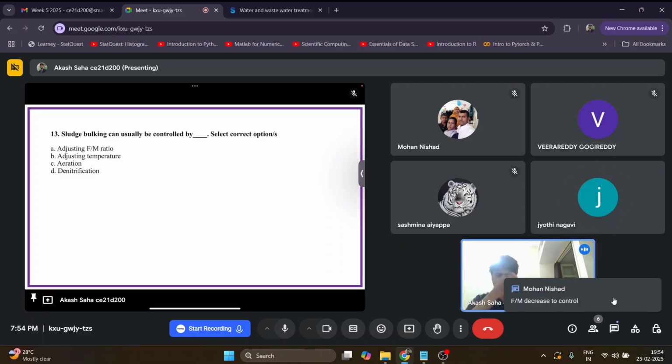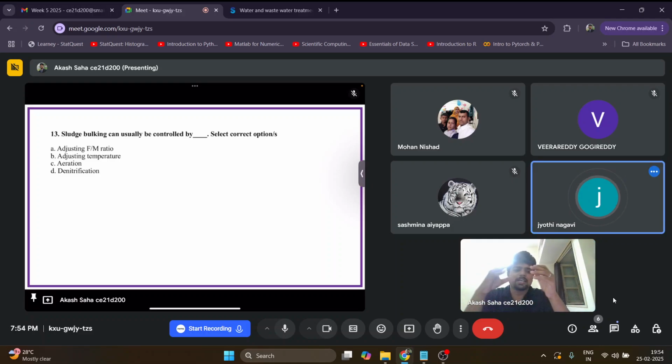Actually, you were not there in the first question, so that's why I wanted to discuss this again. When we have a low F/M ratio, the availability of food to the microorganisms is lesser than with a high F/M ratio. So these microbes will struggle and clump together to get the food, and in the process they form flocs and settle.